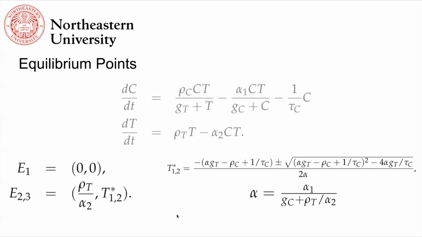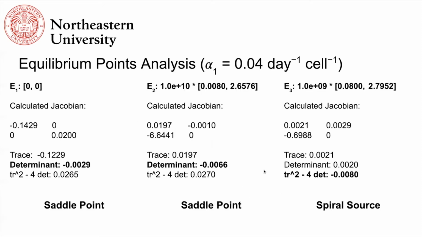There are a lot of parameters, but the paper provides values for each parameter based on previous literature and some estimations. Using the provided parameters and by using the Jacobian matrix, we can characterize each equilibrium point in the specific case.